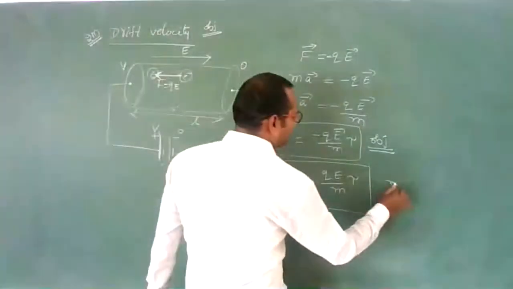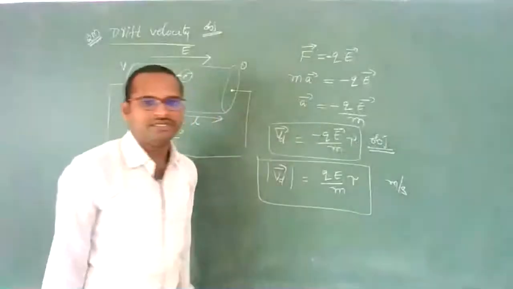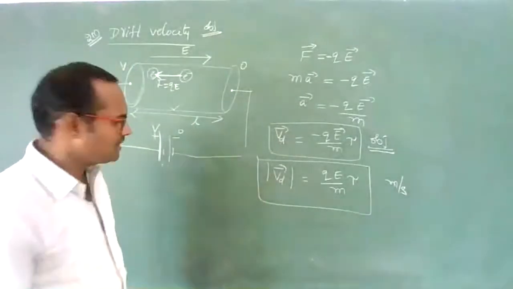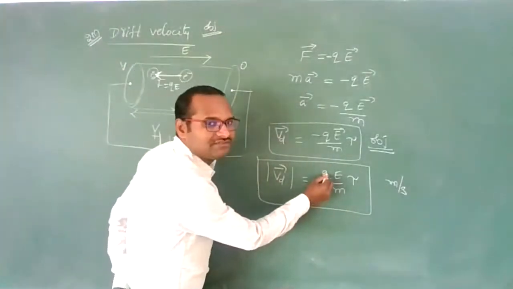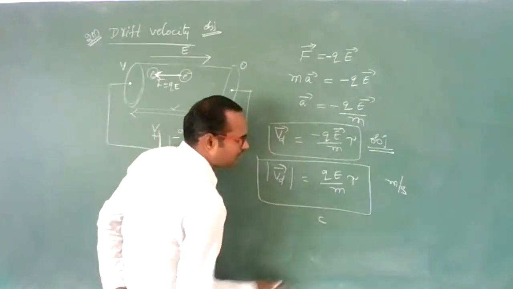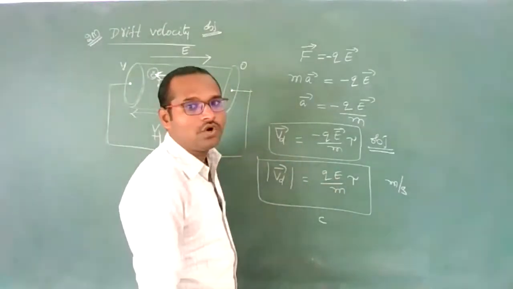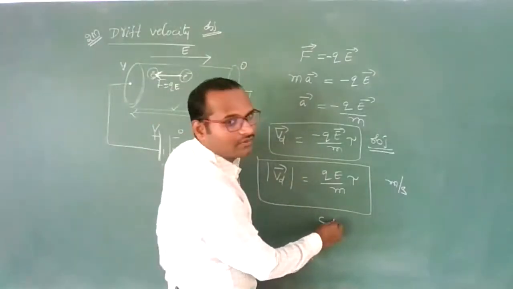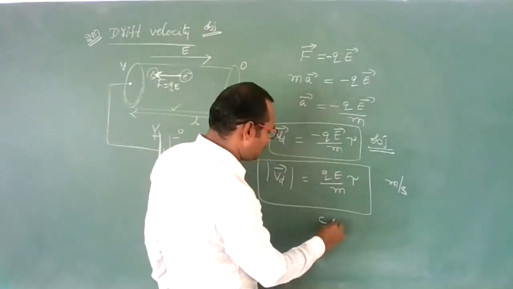And the unit will be meter per second only. If you want, you can check. See, students, Q is charge, the unit is coulomb. Electric field, you can write volt per meter, or Newton per coulomb.